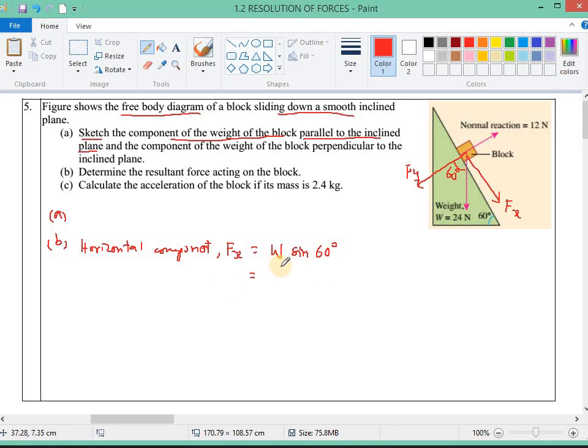So equal to the weight, which is 24, sine 60, and we get 20.78 Newton.